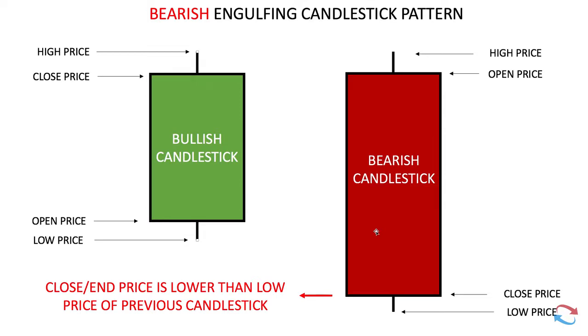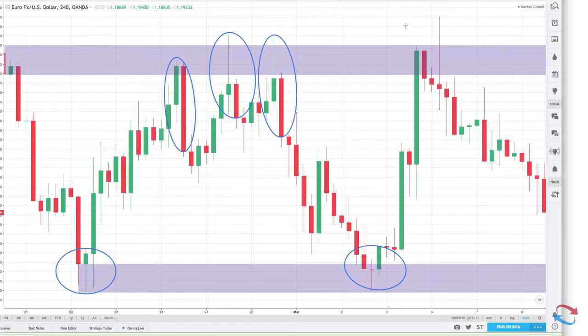So I'm going to show you on a price chart where these candles should be traded, to have the best probability of price reversing, and where you should be really trading the hammer candlestick and the engulfing candlestick pattern. In this example, we have some bullish and bearish hammer candles, as well as bullish and bearish engulfing candles at levels of support and resistance.